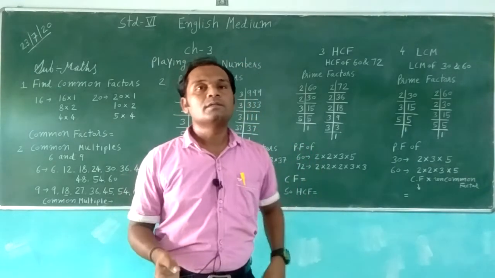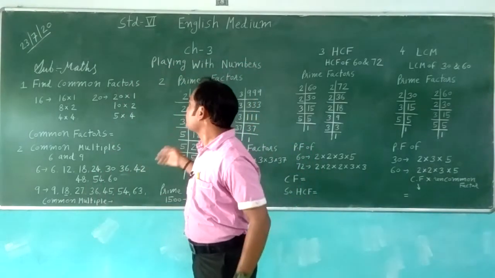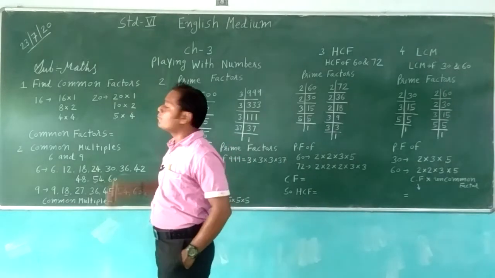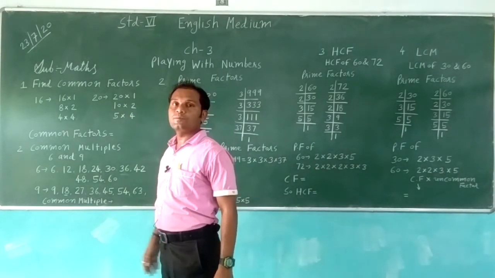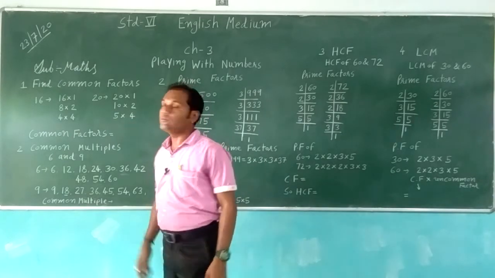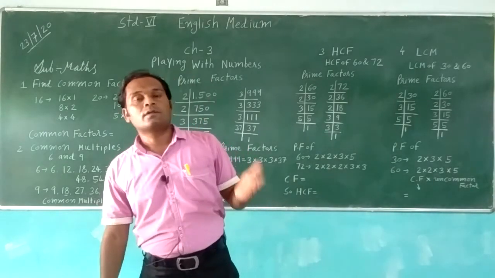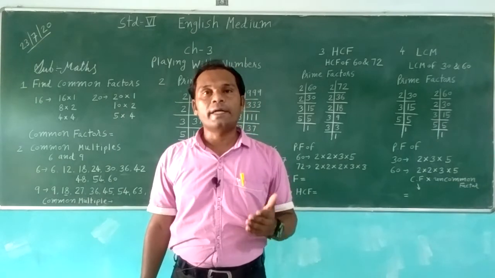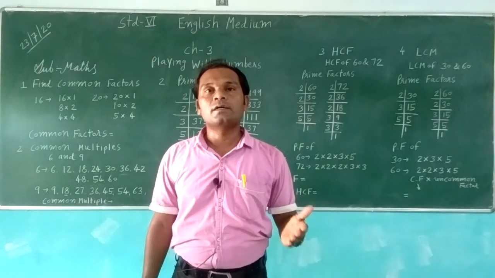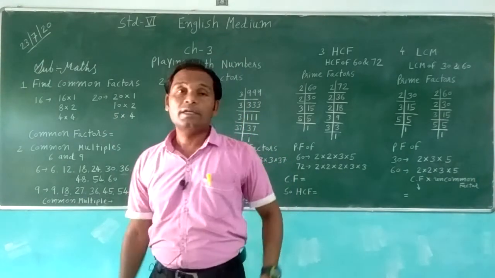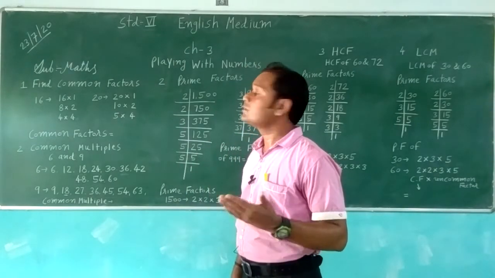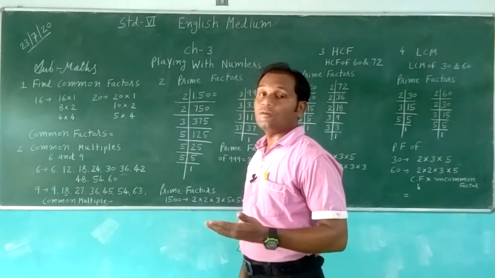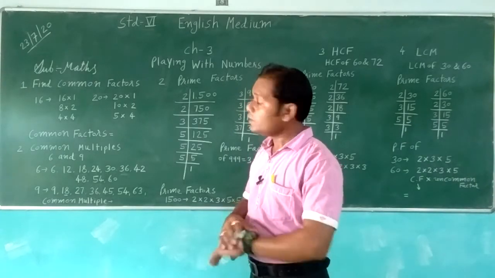So let's see chapter number 3, find the common factors. We are given two numbers, 16 and 20, and we need to find the common factors of both these numbers. So how to find common factors of these numbers, that we'll see.